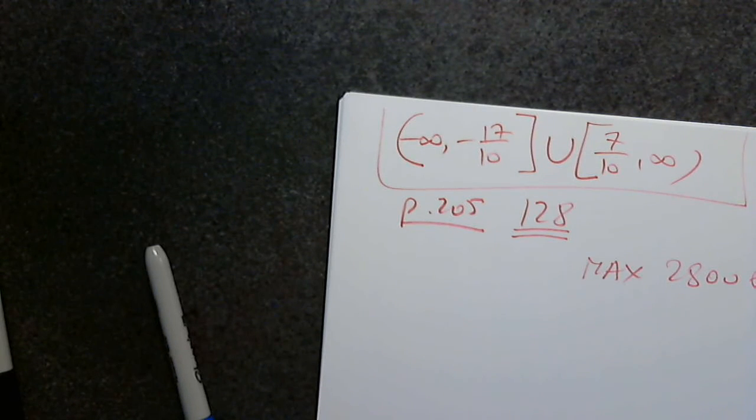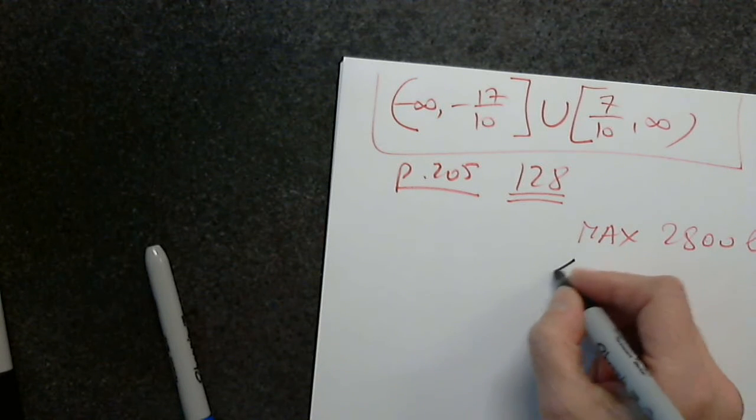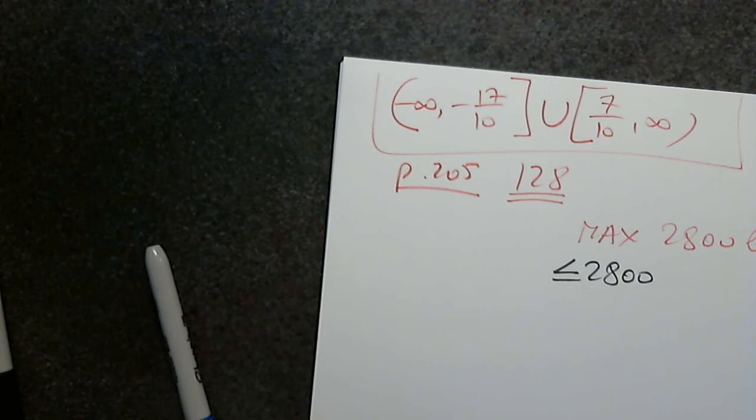I don't know what the problem is all about, but when I hear max 2,800 pounds, I do this in my head. In other words, whatever we put in the elevator, people or otherwise, it cannot exceed the weight of 2,800 pounds. It will not move. It's built for 2,800 pounds max.